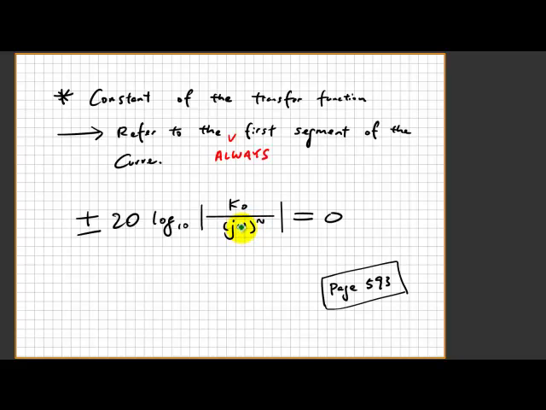What we're talking about here is the magnitude, because eventually we're going to need the positive value here to force the term equal to 0. And to get that to 0, whatever is inside the logarithm 10 has to be positive 1.